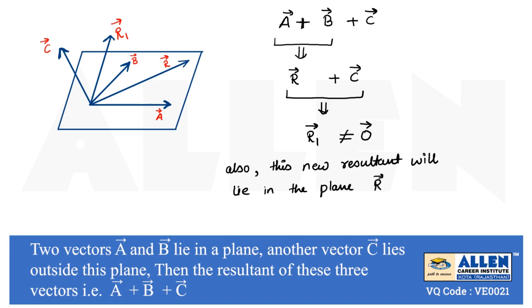So therefore we can conclude from here the new resultant vector, that is the summation of a vector plus b vector plus c vector, cannot be 0, and it does not lie in the plane of a vector and b vector. Therefore the answer of this question will be, that is summation of a vector plus b vector plus c vector cannot be 0. Thank you.